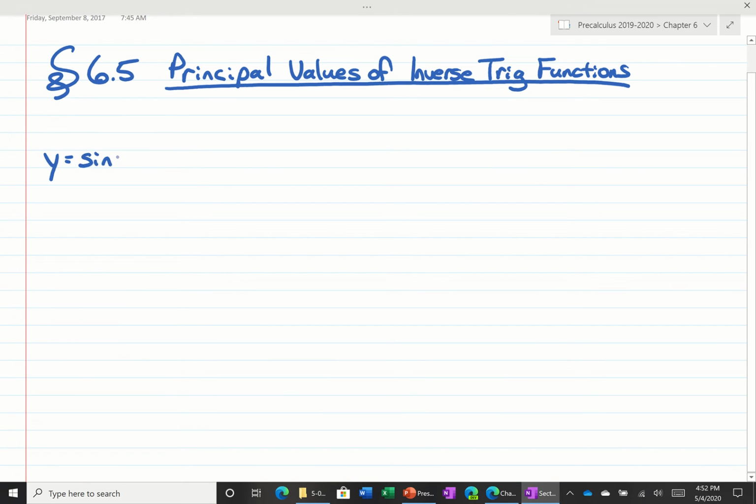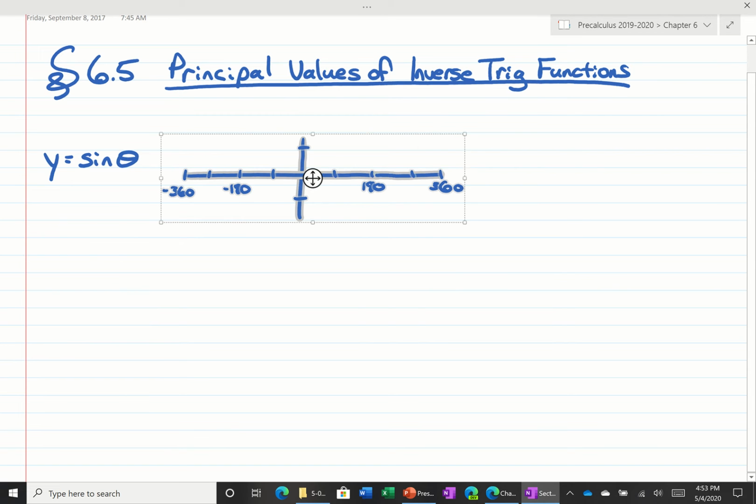For the graph of sine, we're going to do this for sine, cosine, and tangent. What I'm going to do is copy and paste this just so I don't have to draw it 3 times.